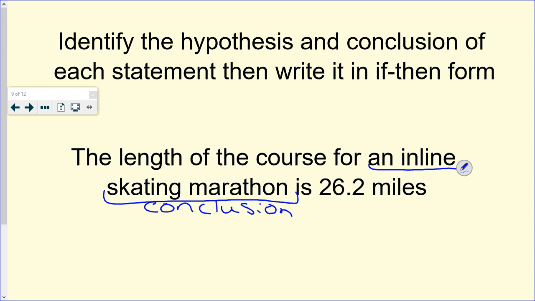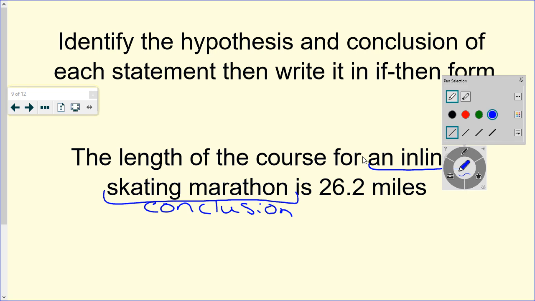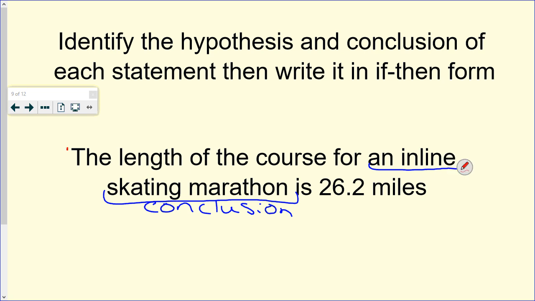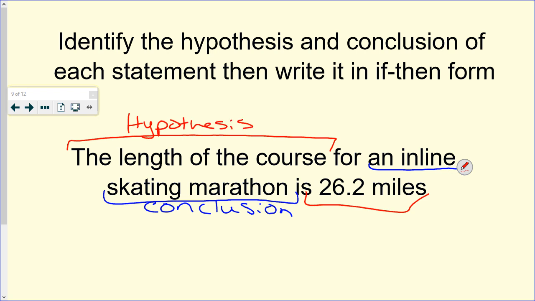You're missing something. What are we defining as an inline skating marathon? Connor? For the course. The length of the course is 26.2 miles. That's going to be my hypothesis. This is going to have to happen in order for me to have had an inline skating marathon. It's my conditions.